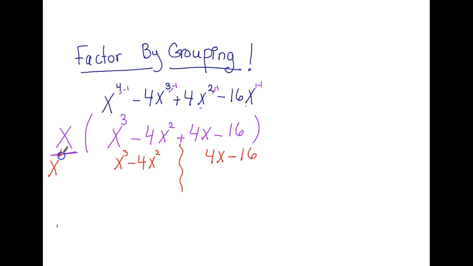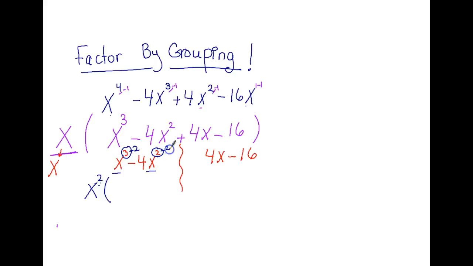Don't forget about it. Okay, so both terms have x. We take the smallest power, in this case the x squared. You're going to take it and pull it outside as a common factor. Since I pulled x squared out, each of my powers is going to go down by 2, because I already took out 2.